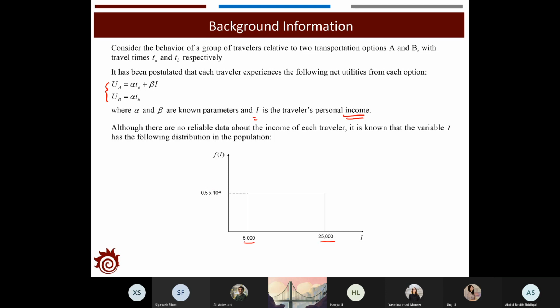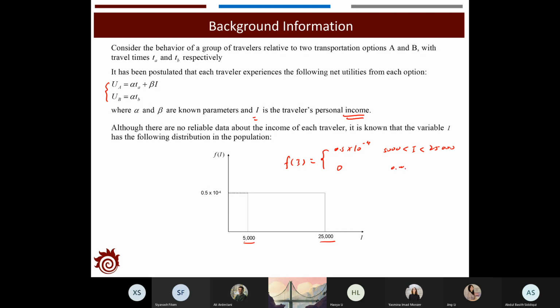If you write it as an equation, the value is 0.5 times 10 to the power of -4 if I is between 5,000 and 25,000, otherwise it's 0.